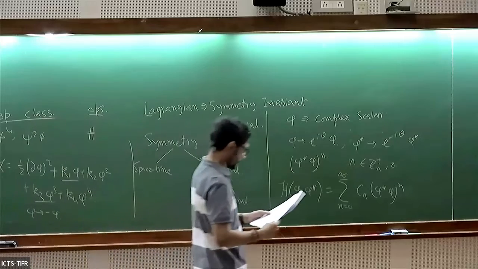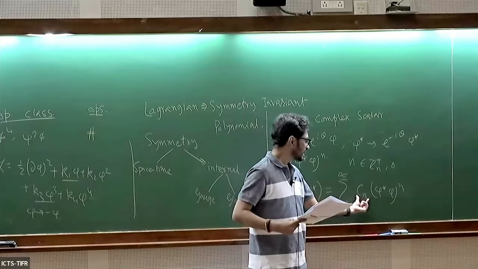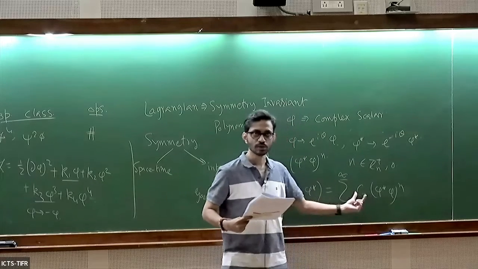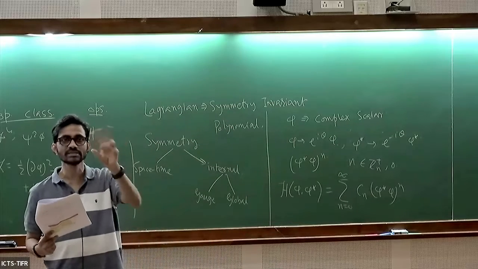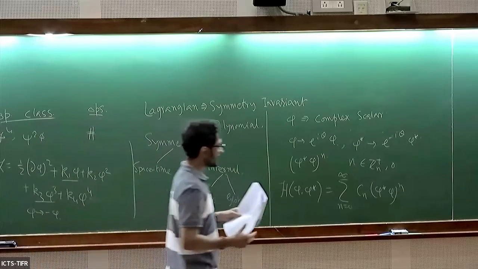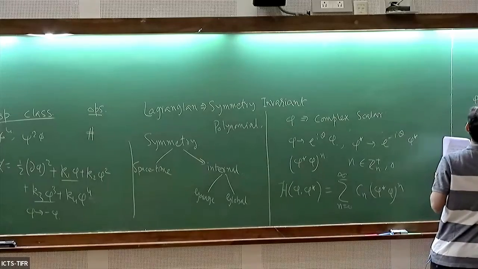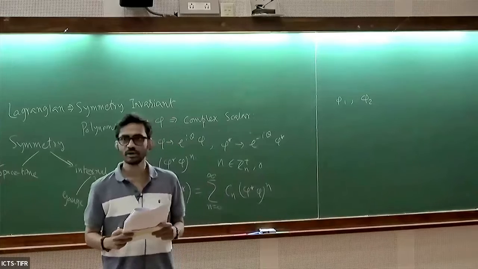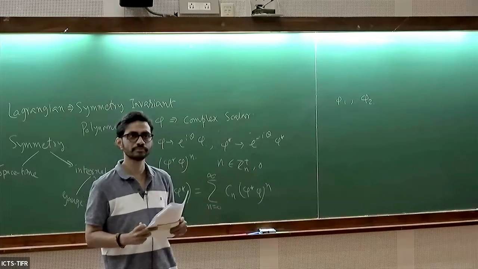Now what is this Cn? This Cn not only gives you the proper power counting and the coefficient, but also tells you that at a given order n, how many such composite structures you can form. For example, if I had 2 real singlets, at the order n equal to 2, how many terms could I write?